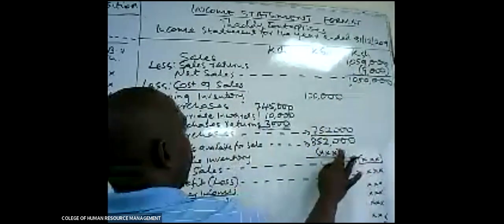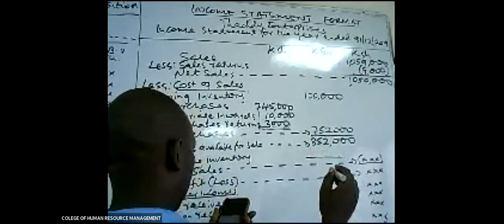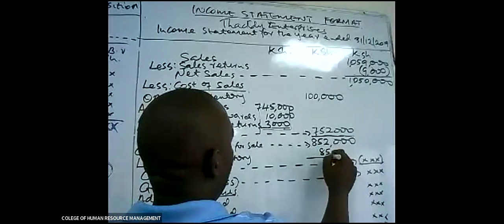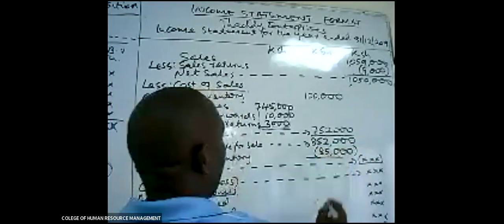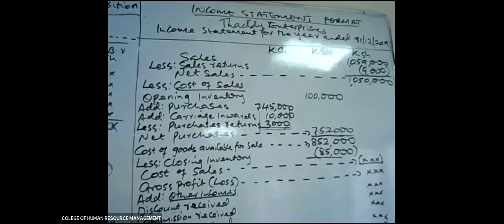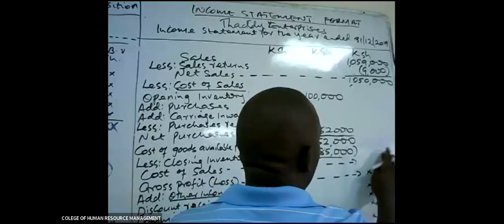So this is the closing inventory, 85,000. That will give us the cost of goods sold, the cost of sales. How much is that? 767,000.